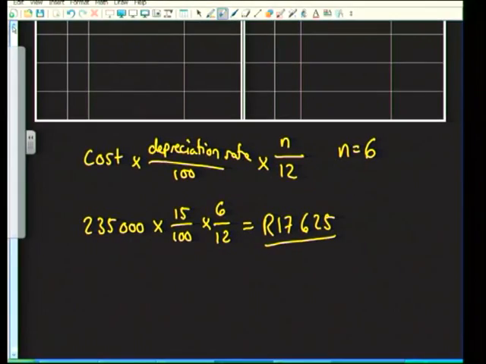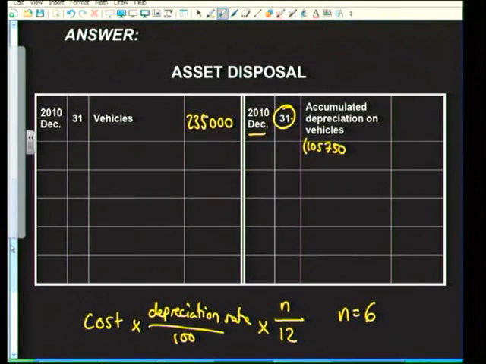So what we need to do is include this number in our accumulated depreciation number. So we would have to add it to our 105,750 here, 17,625, and that will give us the total accumulated depreciation on the date of the sale, and that is the number that we want. So let's add that up quickly.